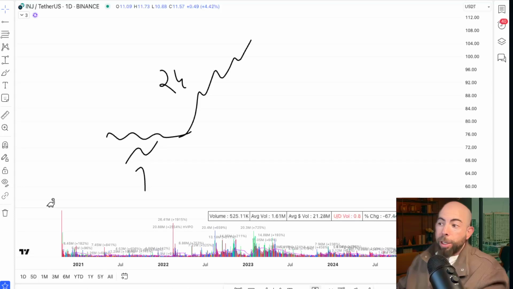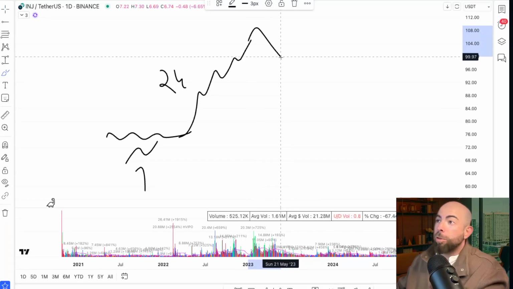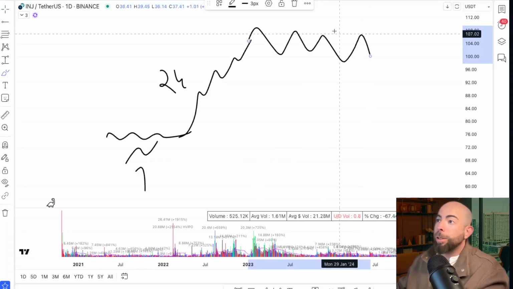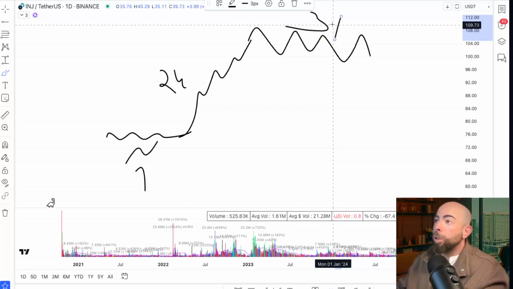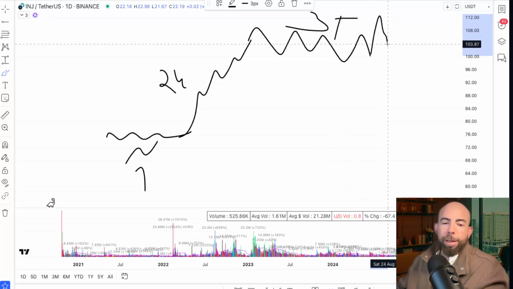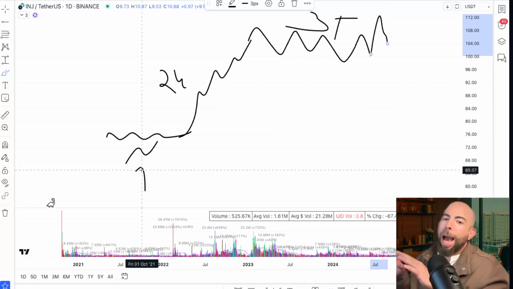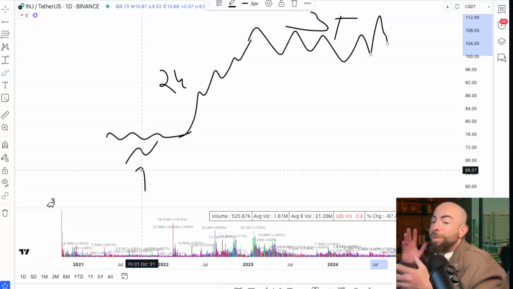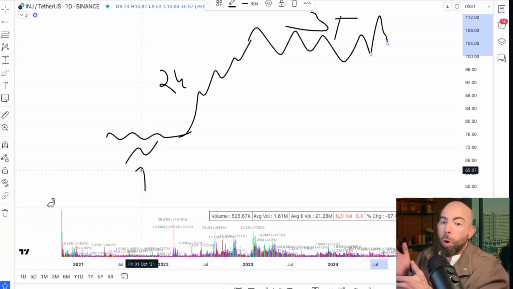And after stage two comes stage three, topping. It looks something like this. It can have a fake out as well, whatever. And in stage three, actually, it's very much like stage one. You want to be out of the asset. You don't want to be waiting, speculating whether this will continue or fail.